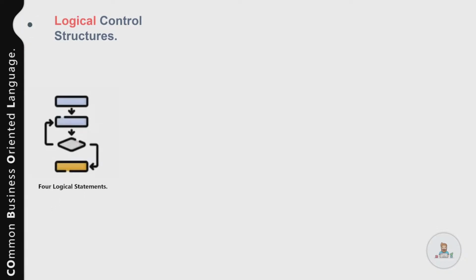Now it's time for us to discuss the logical control structures in COBOL and how you can use them in your COBOL program. As you know, COBOL is one of the oldest, robust and structured programming languages. And structured programs generally use logical control structures to specify the order in which instructions are executed.